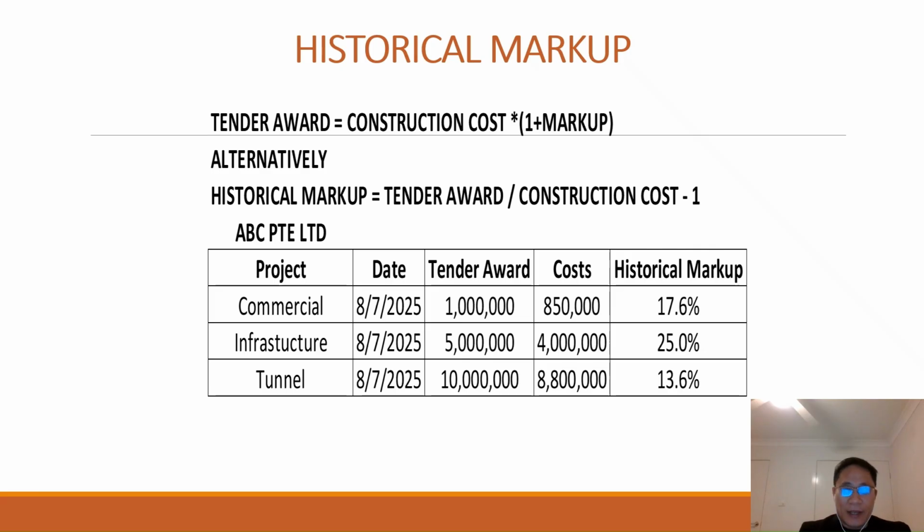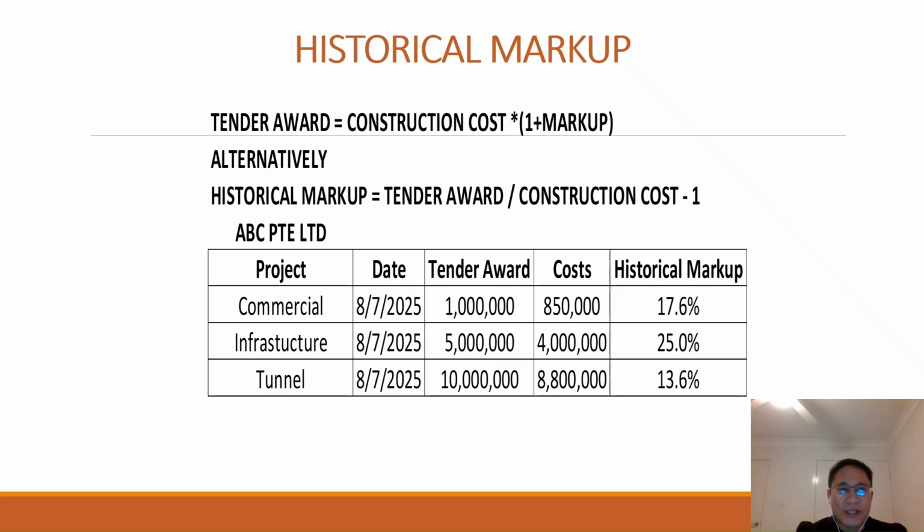Usually, when the client notifies us, they might notify who is the successful contractor and the successful tender price, or otherwise the client will notify on the public social media, or even the competitors, if they are public companies, will notify in public so that they can boost their stock price.